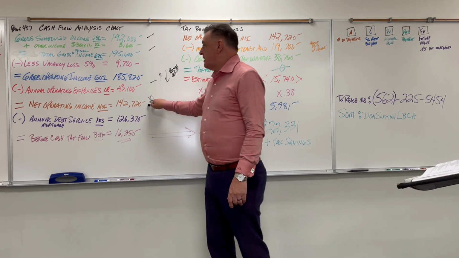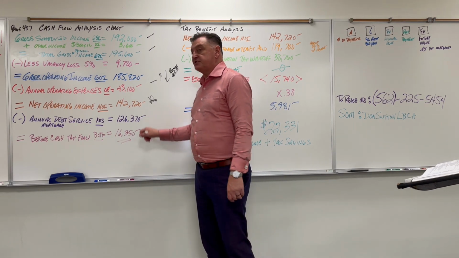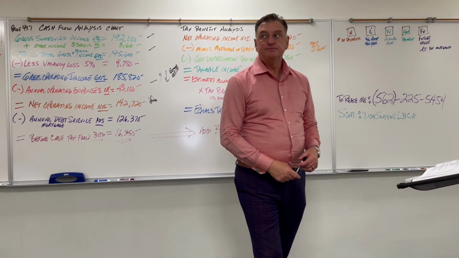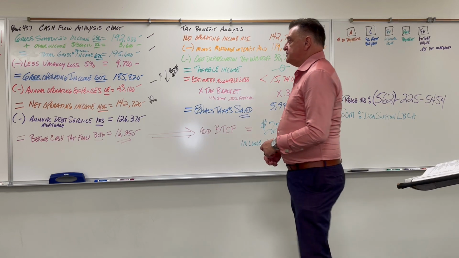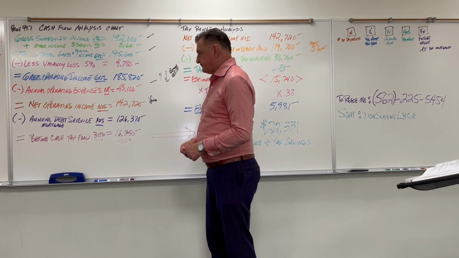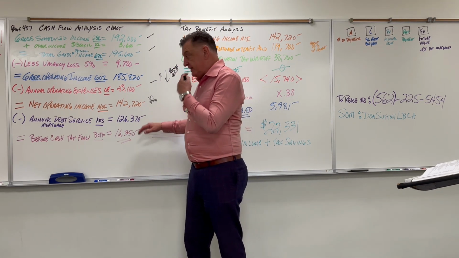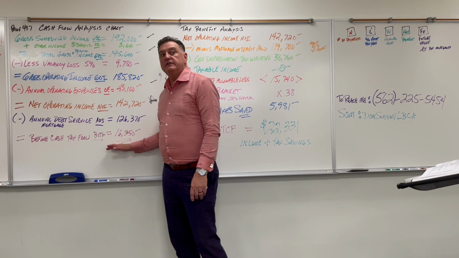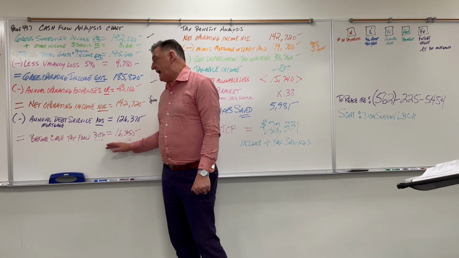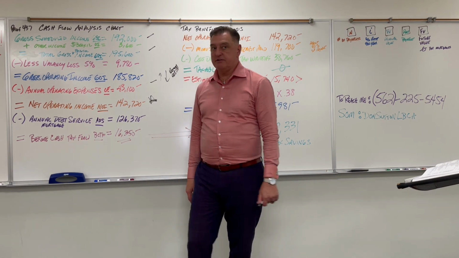Once we have that net operating income, we have to subtract our annual debt service. This is our mortgage payments for the year, and in this case, they're doing 126,370. Once you subtract your debt service from your income, they're only making a before tax cash flow, BTCF, of 16,350.